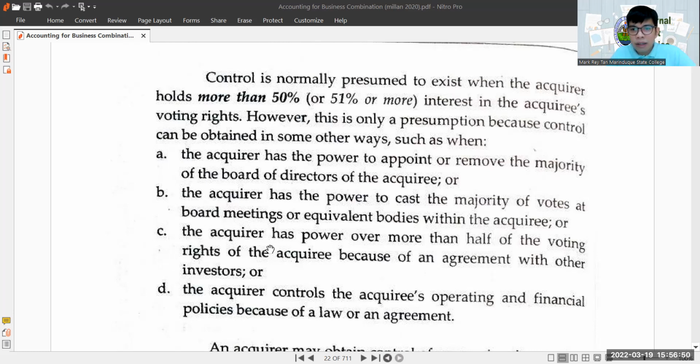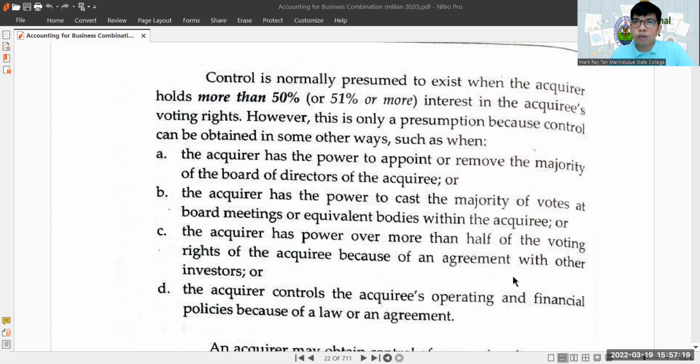Then sa letter C, the acquirer has power over more than half of the voting rights of the acquiree because of the agreement with other investors. Ito, for example, si acquirer is 40% lang na-acquire doon sa acquiree. So, of course, that's clear naman doon na wala siyang control. Pero with agreement with another investor, let's just say mayroong 18%.